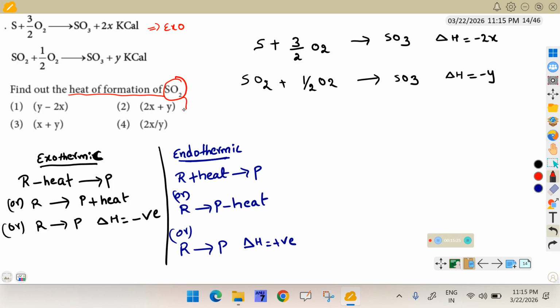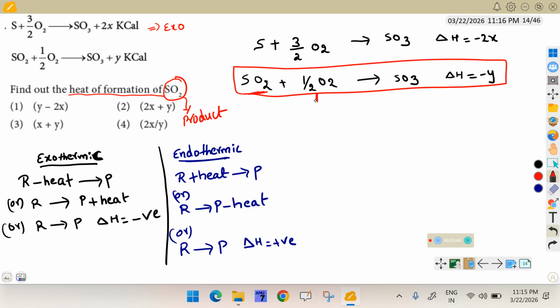Heat of formation of SO2 means SO2 is the product. In the first equation there is no SO2; in the second equation SO2 is present as a reactant. So reverse the second equation, keeping the first equation as it is.